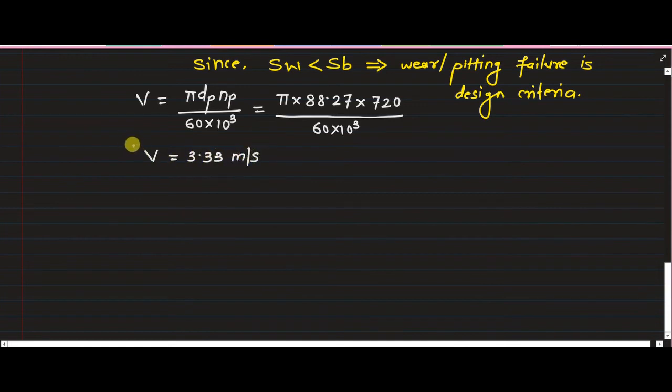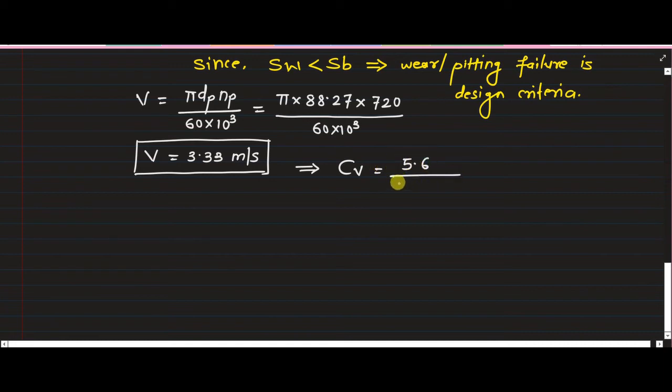Okay, now once you have this, you can immediately calculate the velocity factor. As we know, the velocity factor for a helical gear is simply given as 5.6 divided by 5.6 plus square root of V. It is not like the case of the spur gear, where there will be different velocity ranges and hence different formulations for CV.